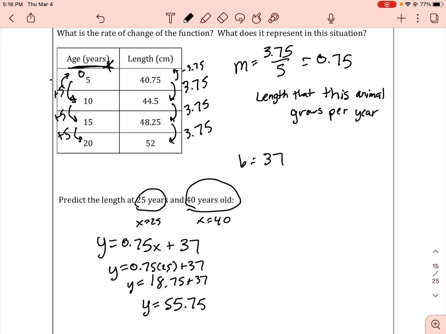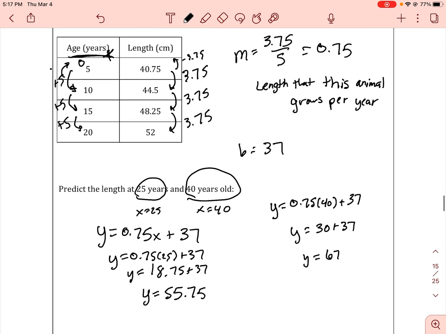So in 25 years, this animal will be 55.75 centimeters long. Now in 40 years, I substitute 40 in for x, just like I did with the 25. And now I begin to solve. So 0.75 times 40 is 30. 30 plus 37 is 67. So in 40 years, this animal will be 67 centimeters long.